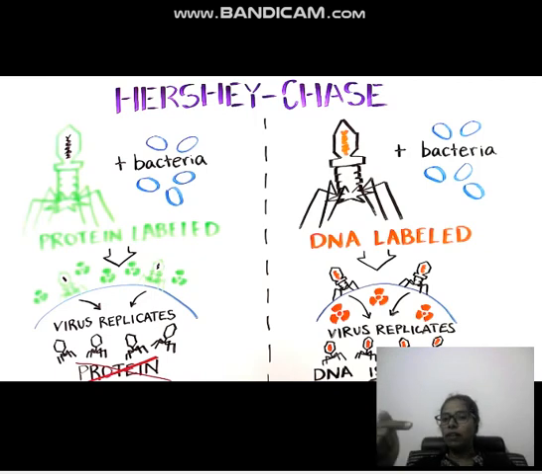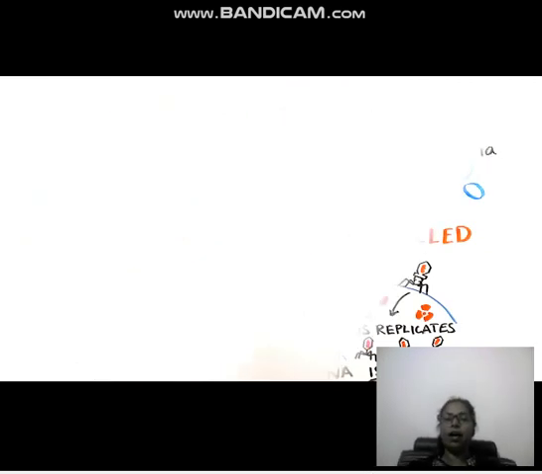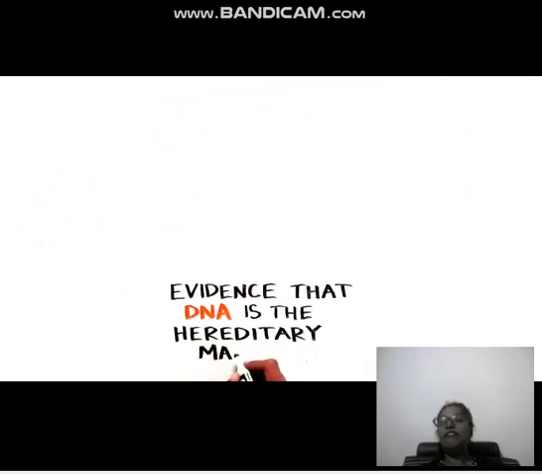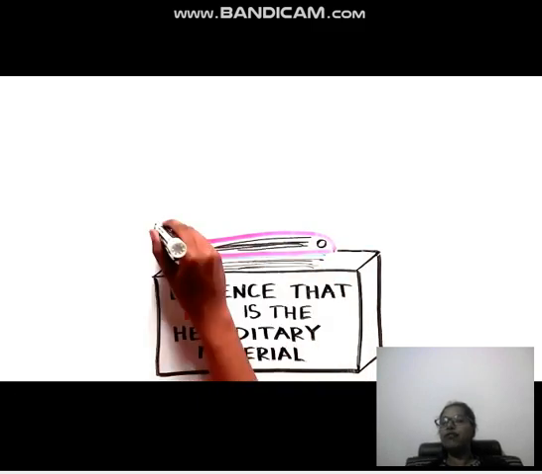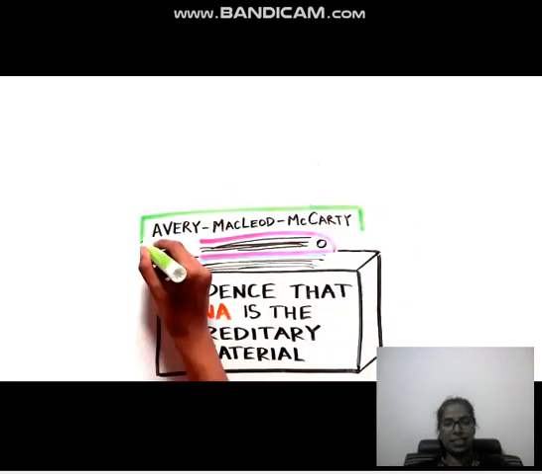That means whatever the bacteriophage was injecting into the cell, and because of that the hereditary information was passed on to make the copies and all, was DNA. This is how Hershey and Chase ultimately got an answer, evidence that DNA is the hereditary material, and this fact was supported with this evidence.